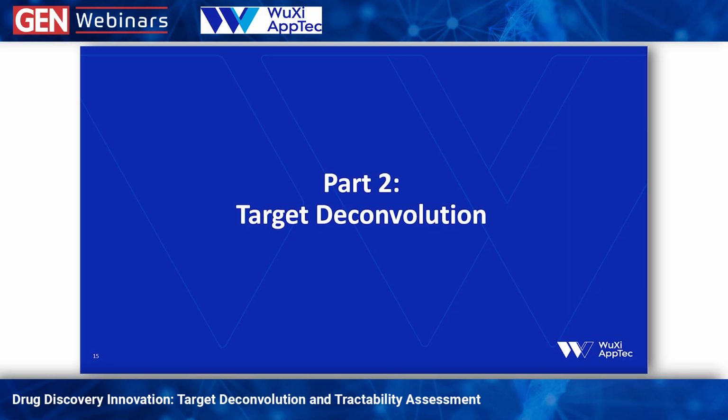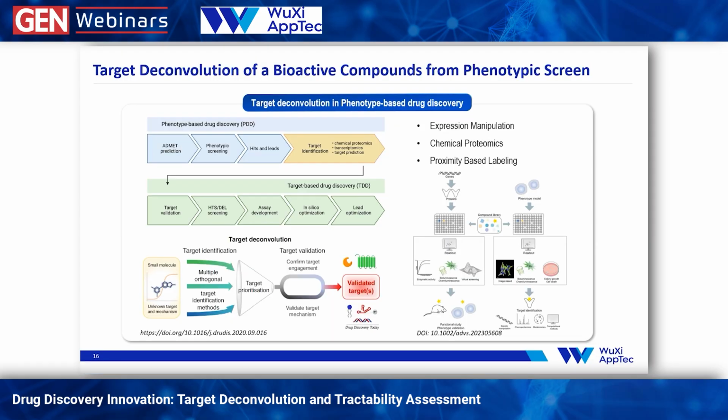For the next part, I want to introduce how we use our platform capabilities to do target deconvolution. Why do we need target deconvolution, and why is it so important and popular these days? There are two main strategies to develop promising hits.